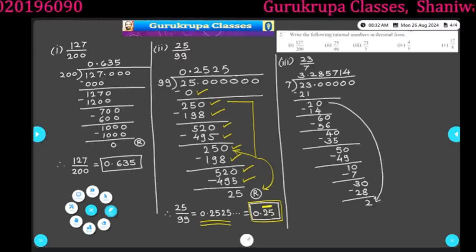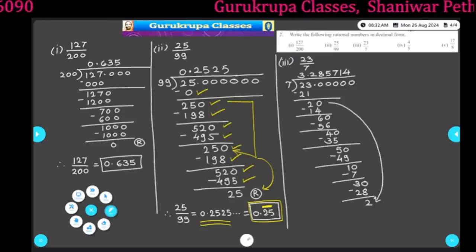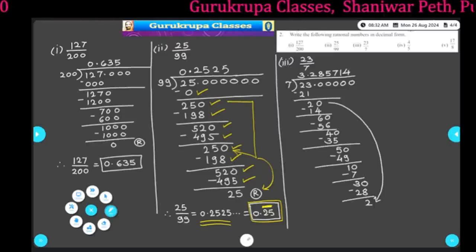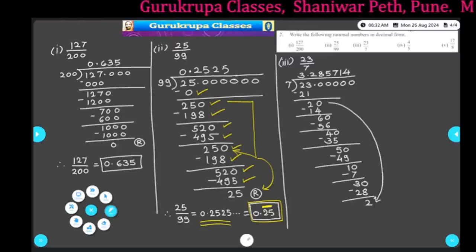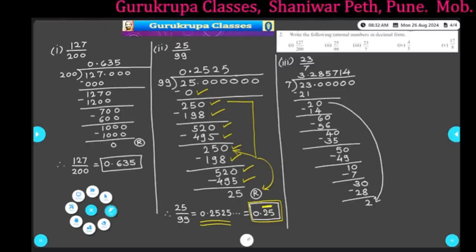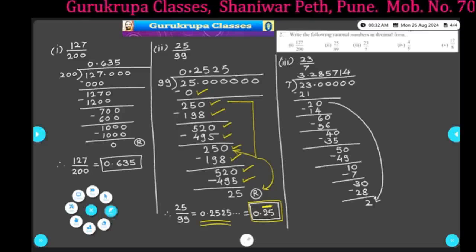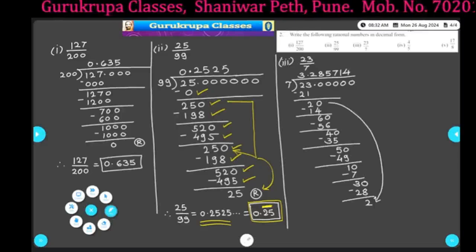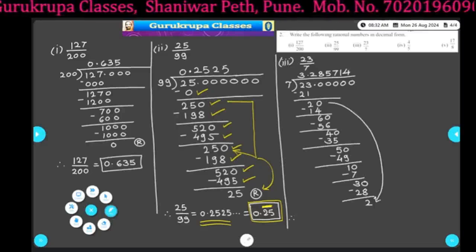We get 20. So this would be recurring now. Up to this, these numbers would now be recurring: 7 twos are 14, 7 eights are 56, 7 fives are 35, 7 sevens are 49, 7 ones are 7, 7 fours are 28. This would be occurring again and again in the quotient section.